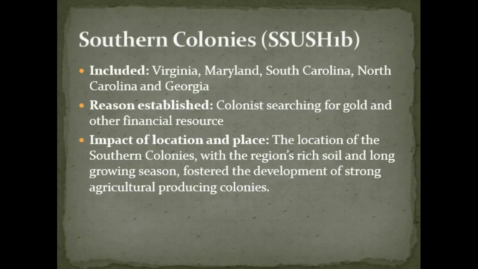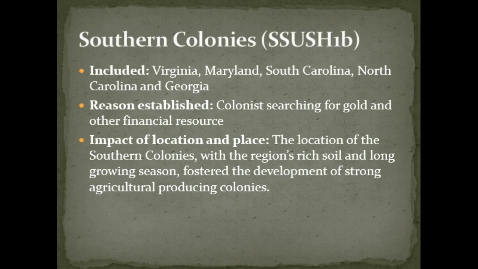The southern colonies are Virginia, Maryland, South Carolina, North Carolina, and Georgia. Georgia was actually used as a penal colony in order to bring people who were punished for committing some kind of crime in England. The reasons for establishment of most of these southern colonies are going to be for gold and other financial reasons.